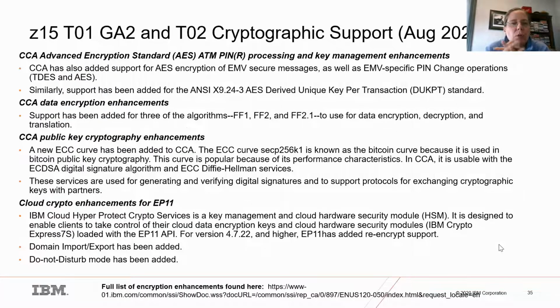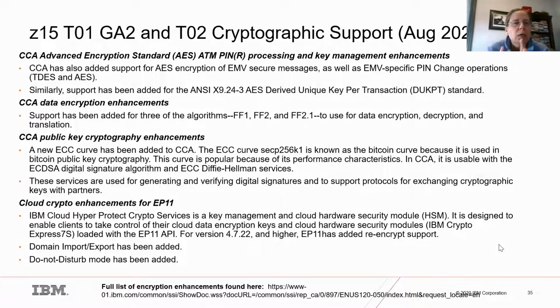Now, I just wanted to show a quick slide here of some of the cryptographic support enhancements that we've added in z15 GA2 and also T02. These were the latest ones as of August. So you see there's a considerable amount of CCA enhancements, both for the AES standard processing, more data encryption enhancements with new algorithms, and there's also a new ECC curve associated with Bitcoin if that is interesting to you.